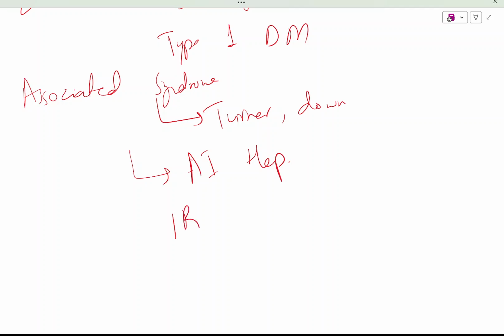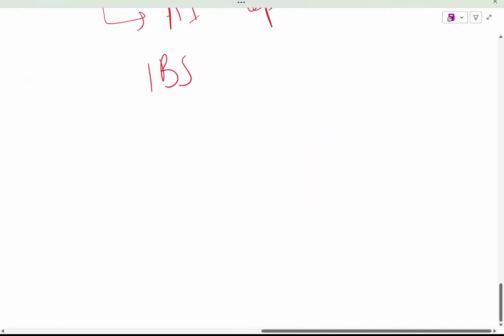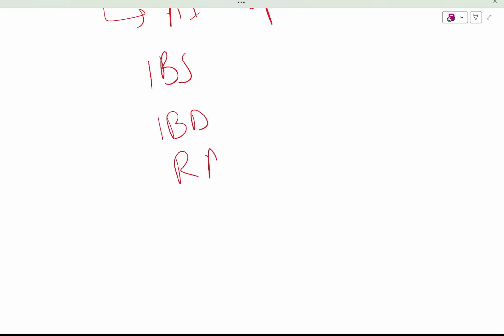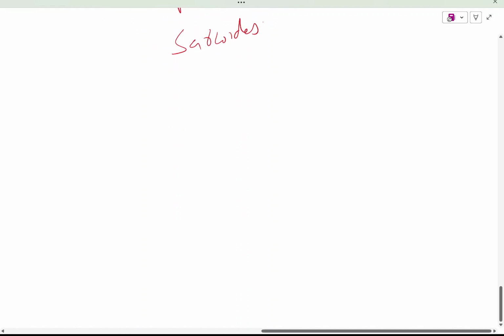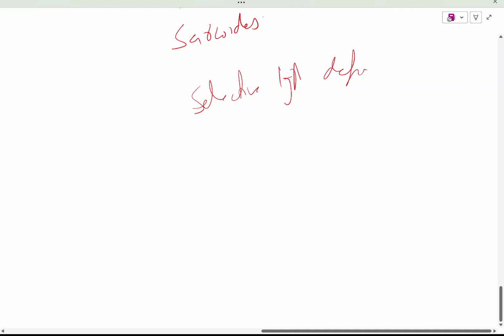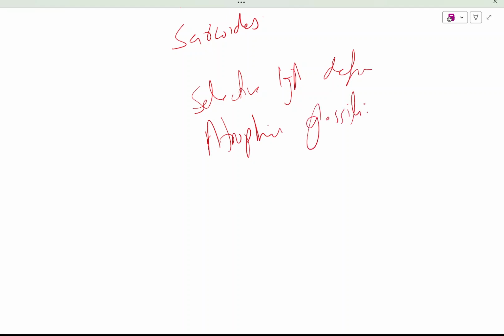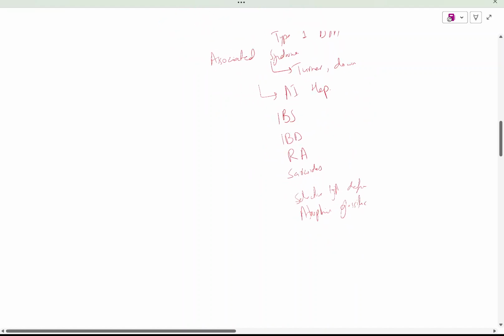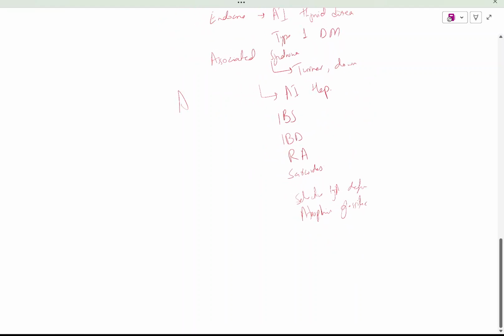The next thing is an IBS patient can also have associated celiac disease, IBD, rheumatoid arthritis and other autoimmune diseases, sarcoidosis. There is a strong association with all these diseases. Selective IgA deficiency, atrophic glossitis. These are all diseases associated with celiac disease.